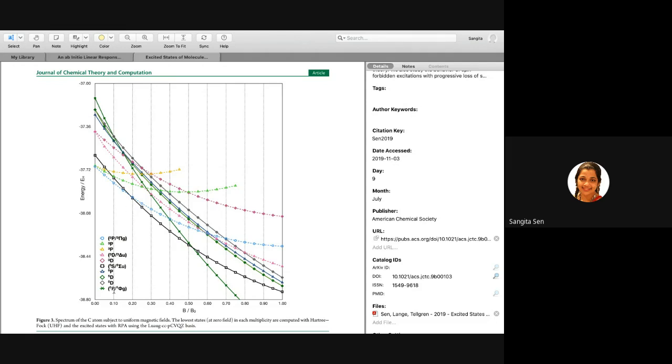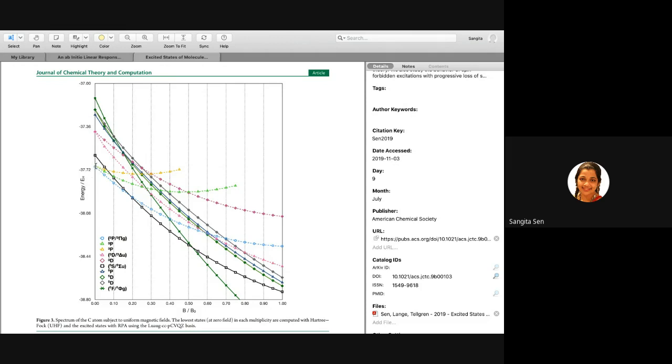The ground state here is this one, the blue circles. This is the zero field, and the strengths are in atomic units.